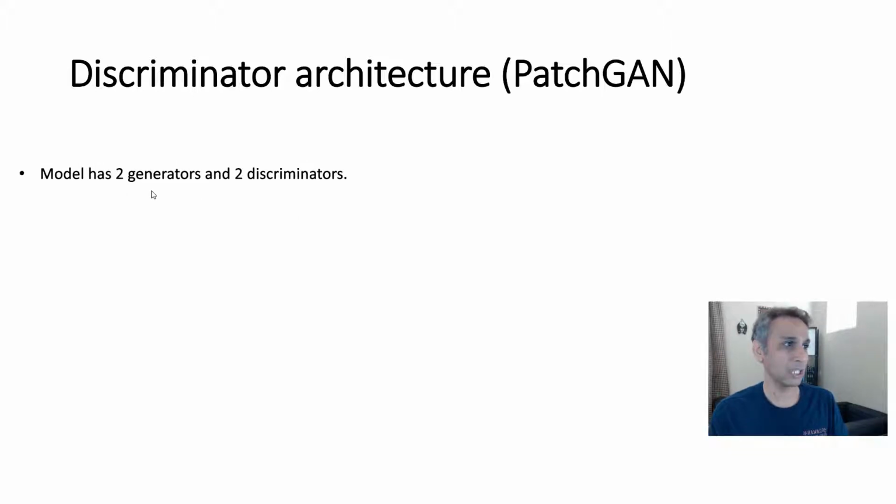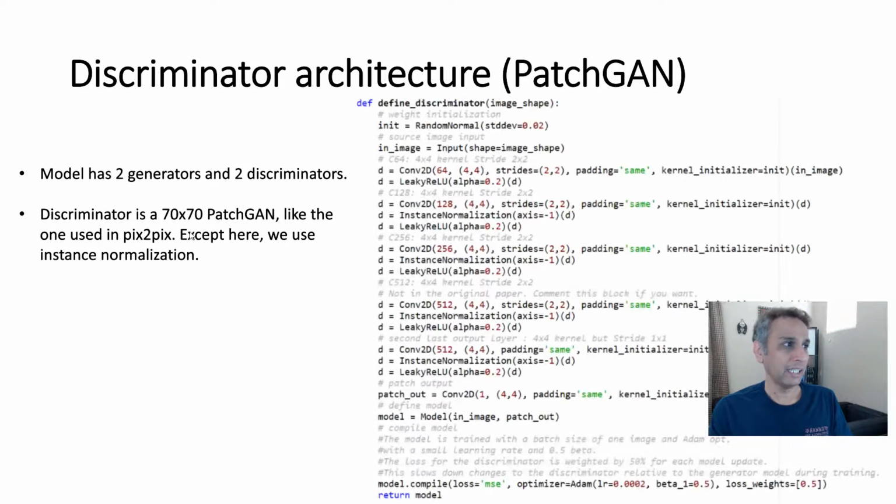First of all, the model has 2 generators and 2 discriminators. We'll get to why 2 generators in a second, and why 2 discriminators also. But both discriminators have exactly the same structure: a 70x70 PatchGAN. We looked at this a couple of videos ago, except here we use instance normalization. As you can see, here you're still using the random normal weight initialization method. You have your conv and leaky ReLU conv, and instead of batch normalization, we replaced it with instance normalization.